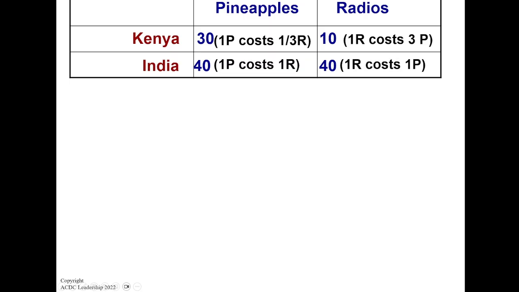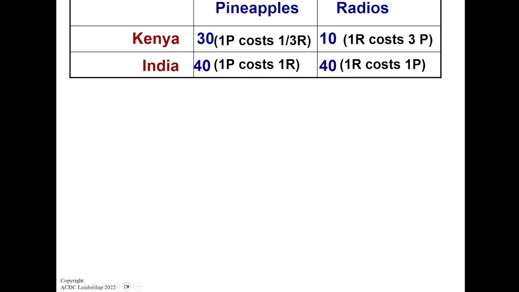Essentially, India will import pineapples so long as it costs less to trade with Kenya versus making it themselves.